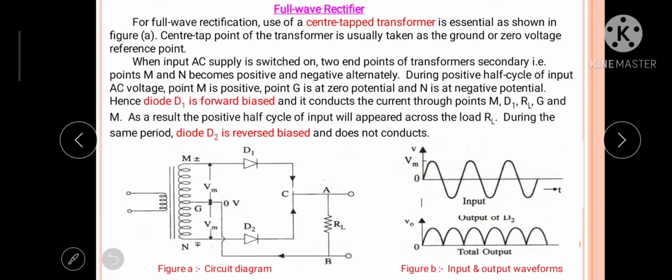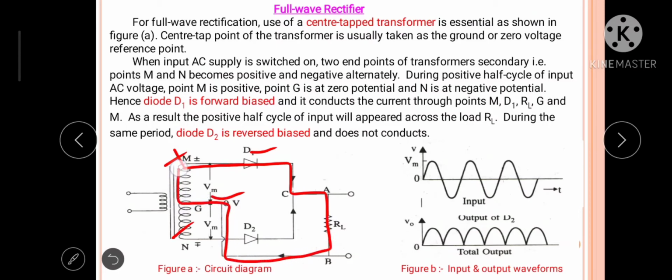During positive half cycle of input AC voltage, point M is positive, point G is at zero potential and point N is at negative potential. Due to such polarity, diode D1 is in forward bias and it will conduct the current through the points M, then diode D1, then through load resistor RL, and then it comes to point 0 or ground.